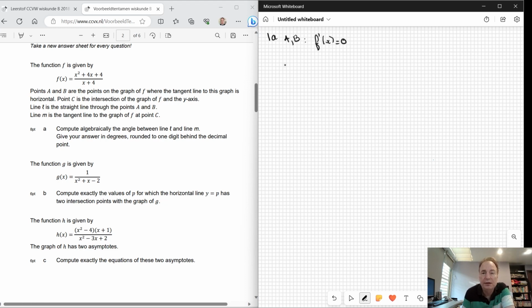So f prime of x equals the denominator times the derivative of the numerator, which is 2x plus 4, then minus the derivative of the denominator, which is just 1, times the numerator.